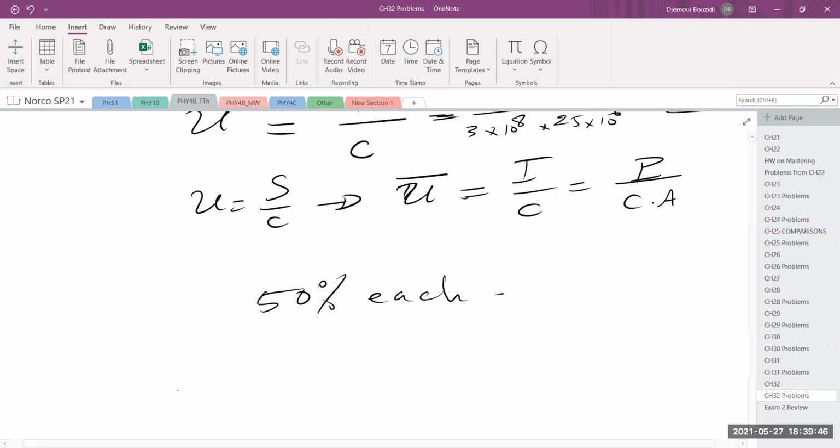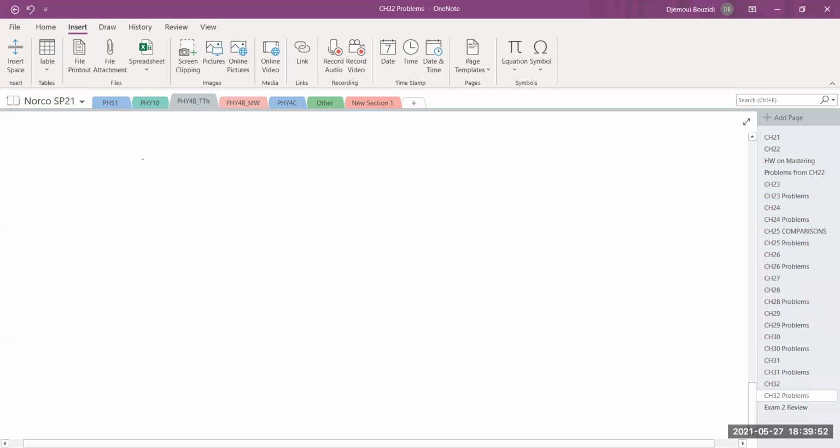So let's do problem 23. Problem 23 says in here, if the eye receives an average intensity greater than 10 to the power 2 watts per meter squared, so if I is greater than this intensity of 10 to the power 2 watts per meter squared, damage to the retina can occur.